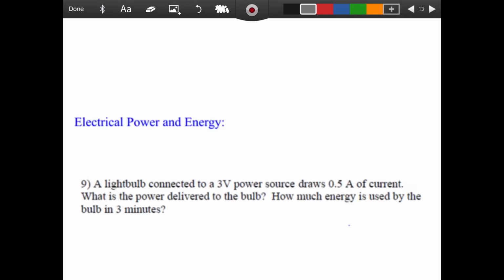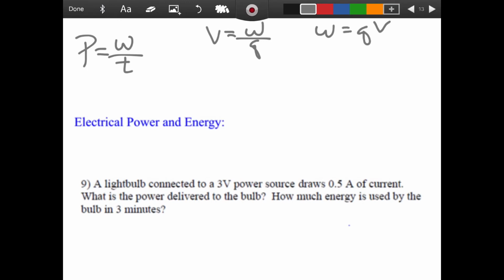Relationship I want to show before moving on so we can finish up these notes is, if we think back to power, in order to have power in your lifetime, you have to work overtime. We can think about it a few different ways. If we connect our potential difference formula is equal to work over charge, we can rearrange this and get work equals charge times potential difference.